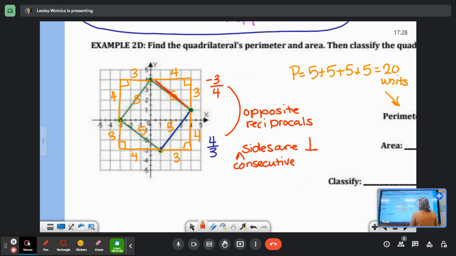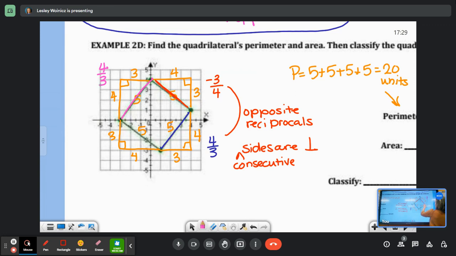Let's check some more sides. This little one goes up 4, right 3, so this segment has a slope of 4/3. So these are opposite reciprocals. So far, so good.